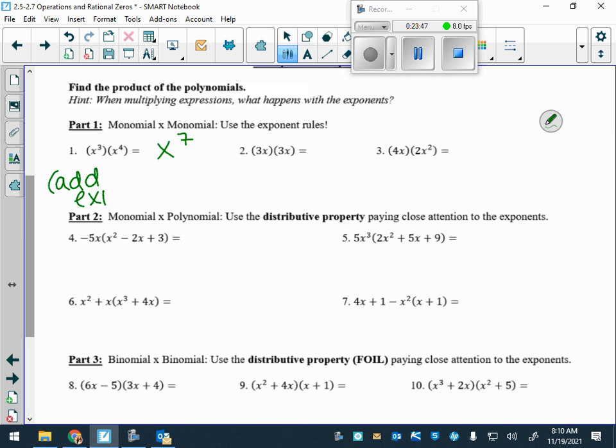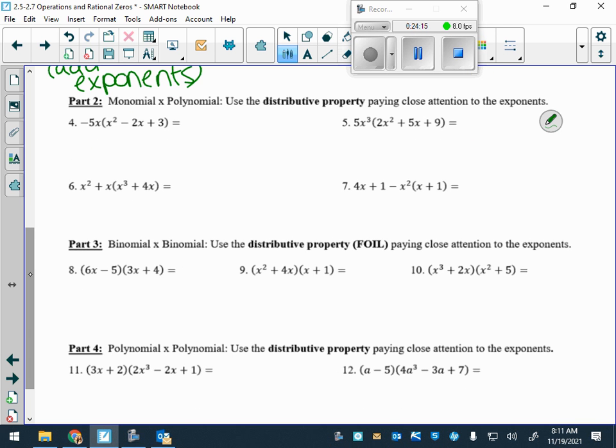They're adding exponents. Perfect. How about in number 2? We have 3x times 3x. Hannah? Perfect. Good. How about number 3? Nick? Perfect. All right, so that's one thing to remember. When we are multiplying, we add the exponents, okay?